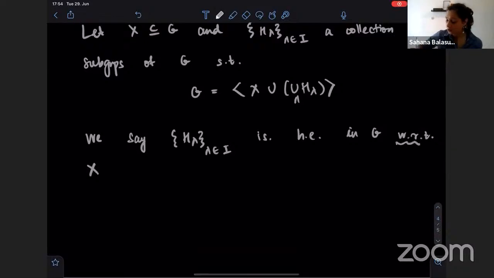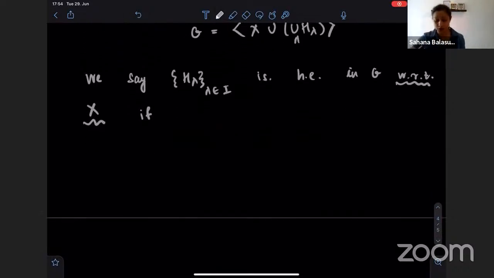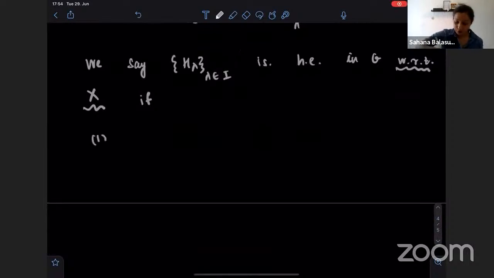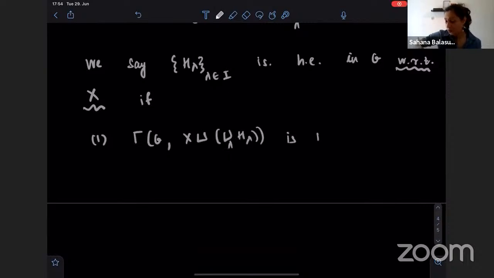And now you see the dependency on this relative generating set turning up in our setup, if the following two conditions are true. The first condition is that our space that we were considering for so long should be a hyperbolic space with the usual word metric on it, which is associated to this generating set.